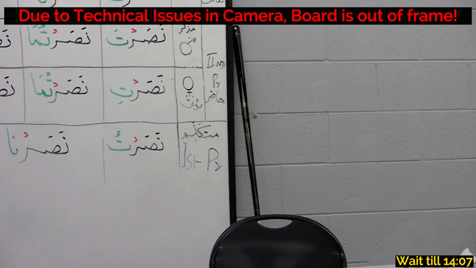And all the victims or the done upon would be in this shape: Mansur, helped. Maqtul, killed.